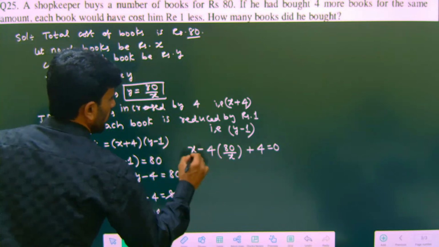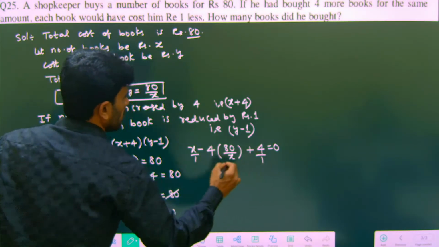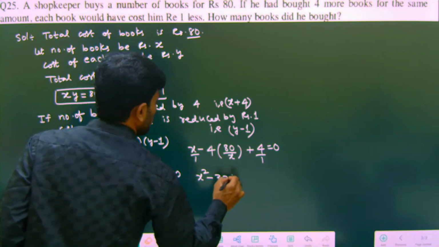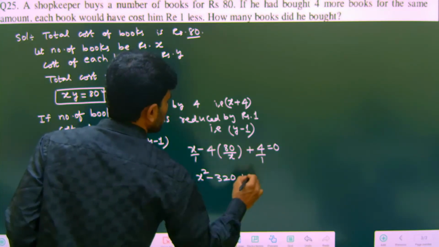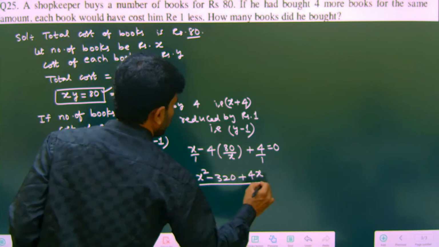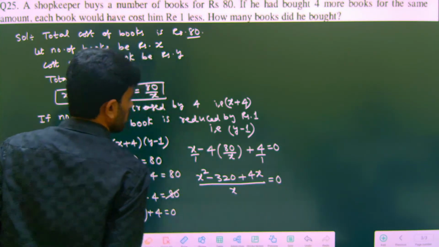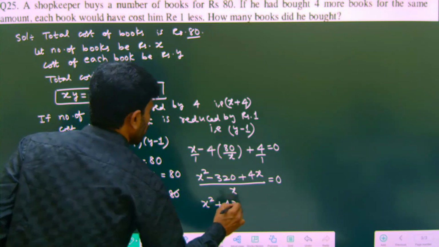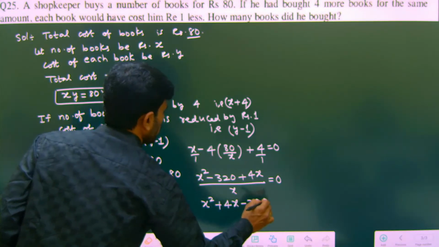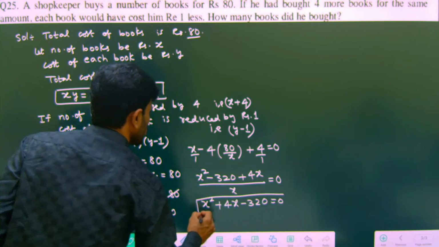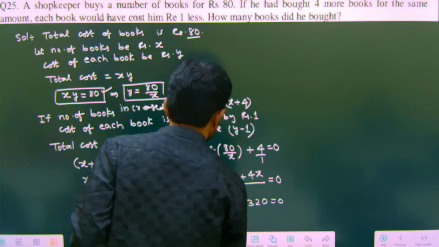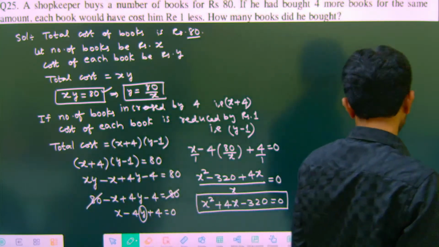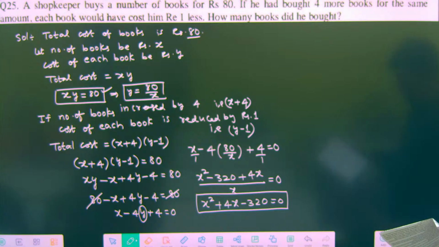Now we should take LCM here: x squared minus 320 plus 4x, divided by x, is equal to 0. If we transpose x as well, our equation is x squared plus 4x minus 320 is equal to 0. This is our equation. Now we have to find the roots of the equation by the formula method.